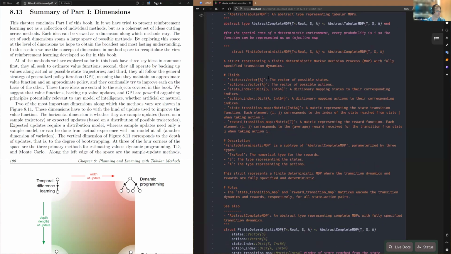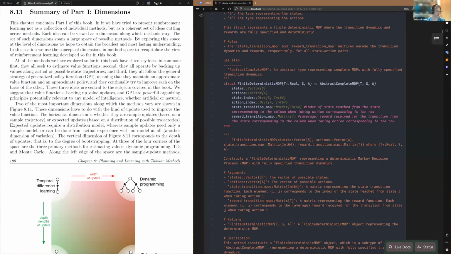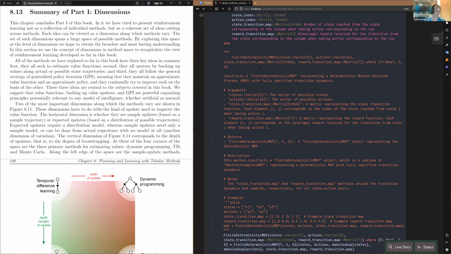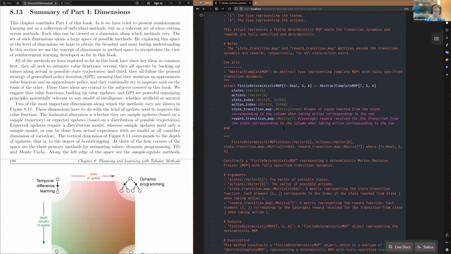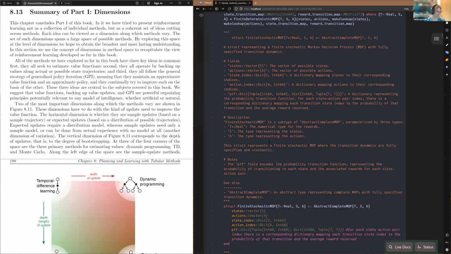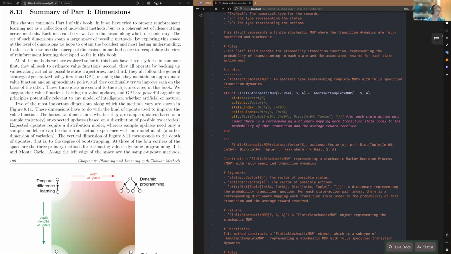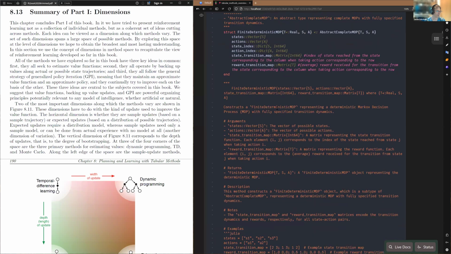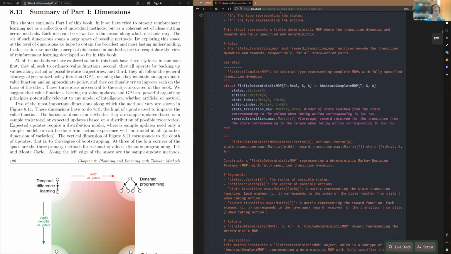So for starting out this complete MDP, I have 2 versions of it, a deterministic one and a stochastic one. For the deterministic one, it makes it a little simpler, where you can just define all the transitions in terms of 2 matrices, where the XY index would represent which state action pair you're considering.